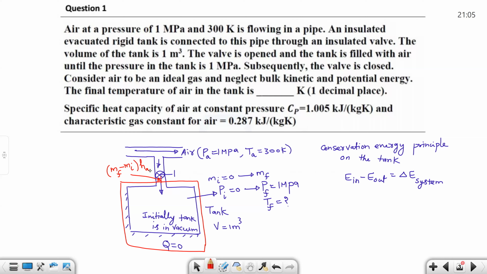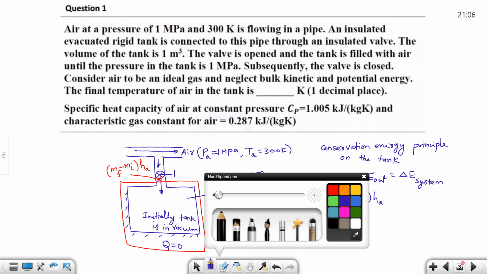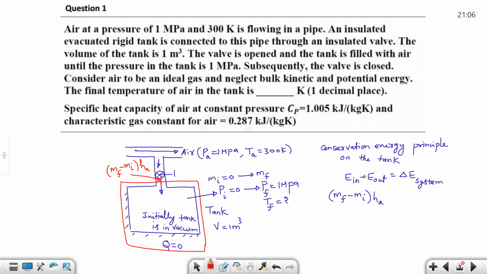So energy in will be the final mass minus initial mass into the enthalpy of air. Energy out will be 0 because there is no energy going out.